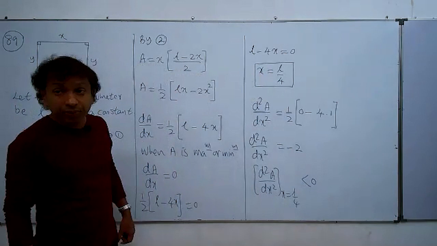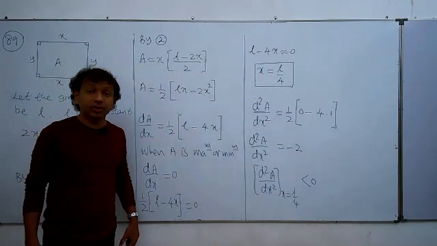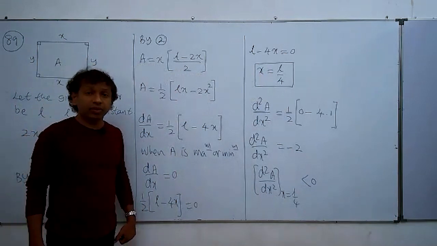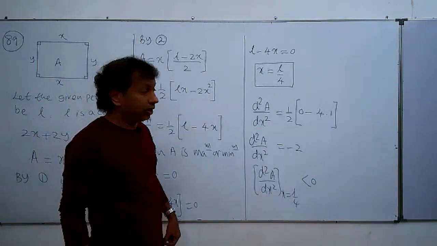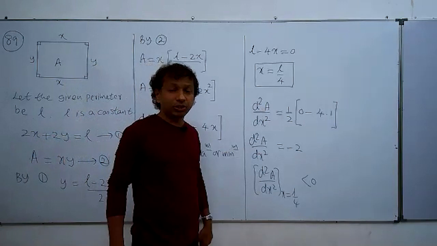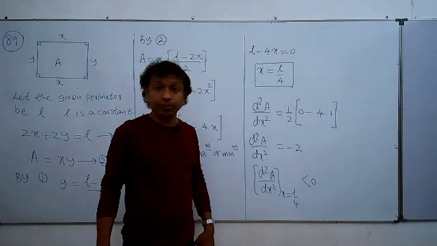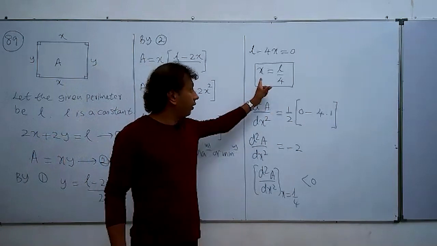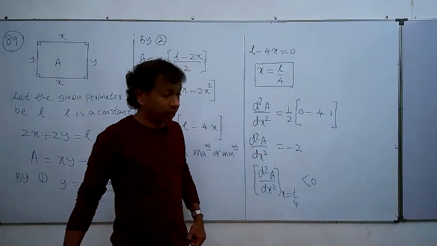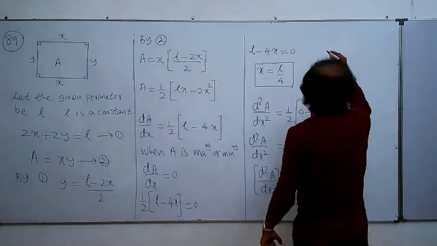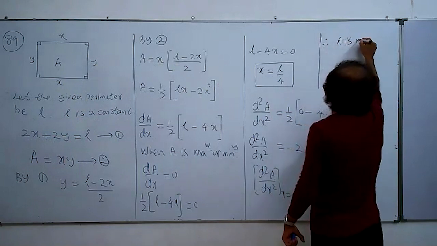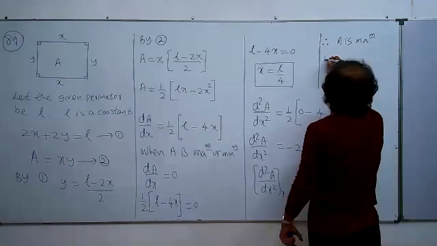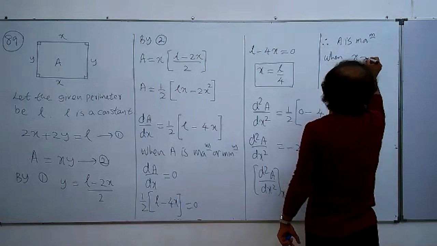Second derivative negative means, people, last week we learned that the variable comes to a maximum. What is the variable in this case? A. The left hand side variable comes to the maximum. So therefore area A becomes maximum when x equals L by 4. Then you can say, therefore, A is maximum when x equals L by 4.